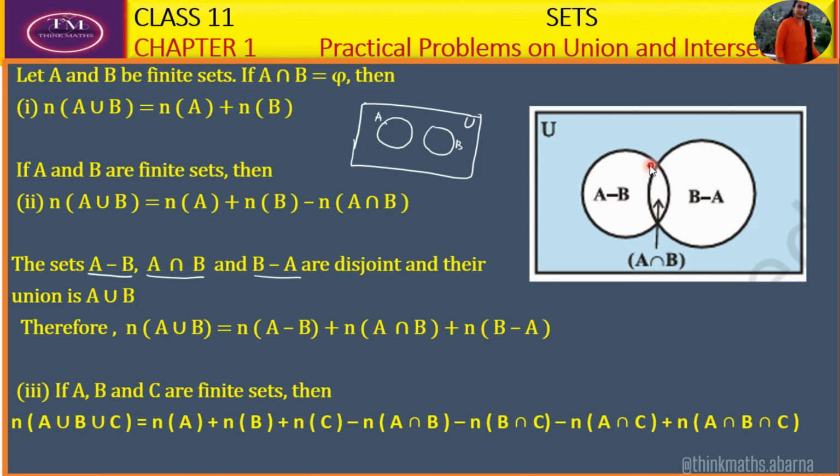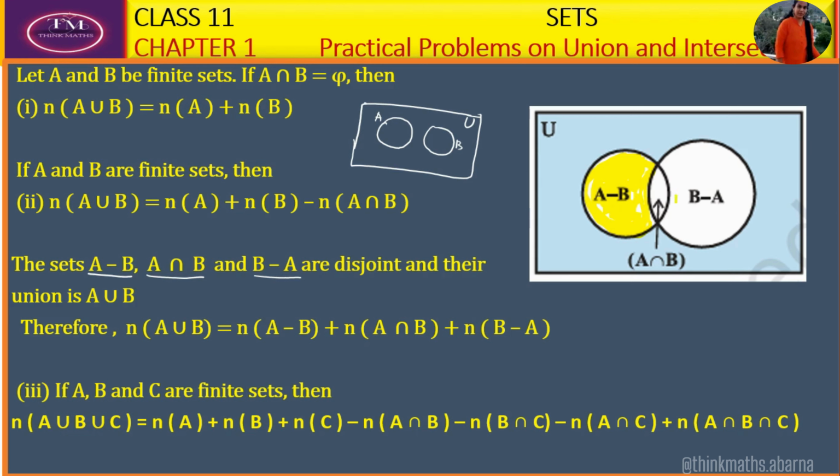If you look at this Venn diagram, this portion is A minus B. We should leave out the part of the intersection. What do you mean by A minus B? That is the elements of A that are not in B. It is called A minus B.